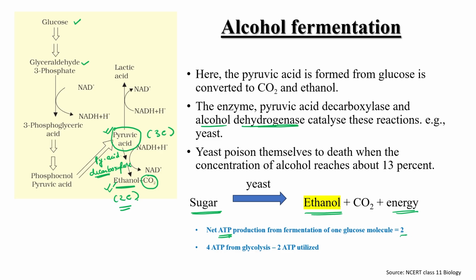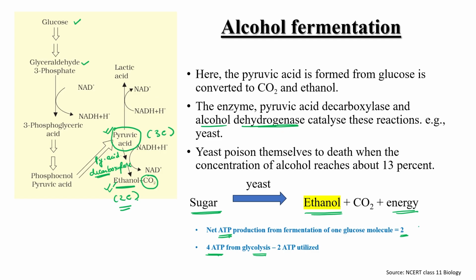Only 2 molecules of ATP. As we have just discussed in the glycolysis pathway, 2 ATP net profit, 2 ATP. And in this process only NAD is produced, there is no ATP formation. Total 4 ATP are produced from glycolysis, but 2 ATP are utilized in the first 2 steps we just discussed.